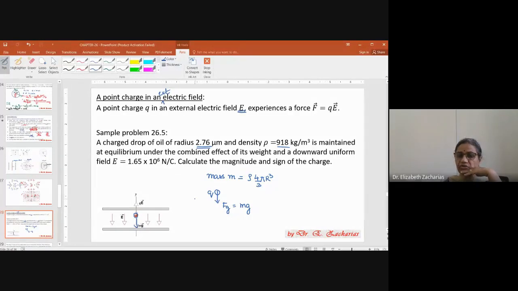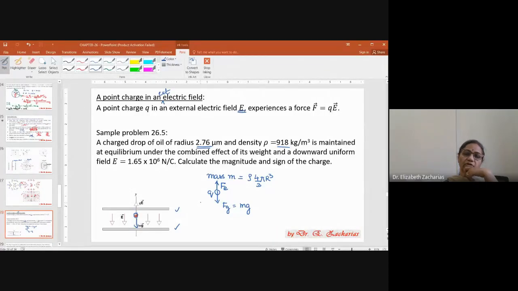I am going to use these two plates to keep it balanced by applying an electrostatic force in the upward direction.